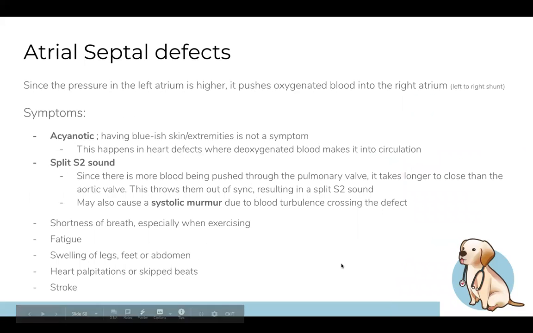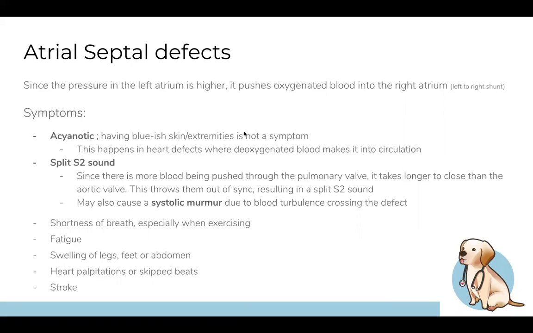Now we're going to talk about symptoms. The pressure in the left atrium is higher when you're born, right? It's mostly a problem when you're born because you're not meant to have a hole. Your left atrium pressure gets higher, so this will be pushing oxygenated blood into the right atrium. If you have a bit more oxygenated blood in your deoxygenated blood, it's not that big of a deal.